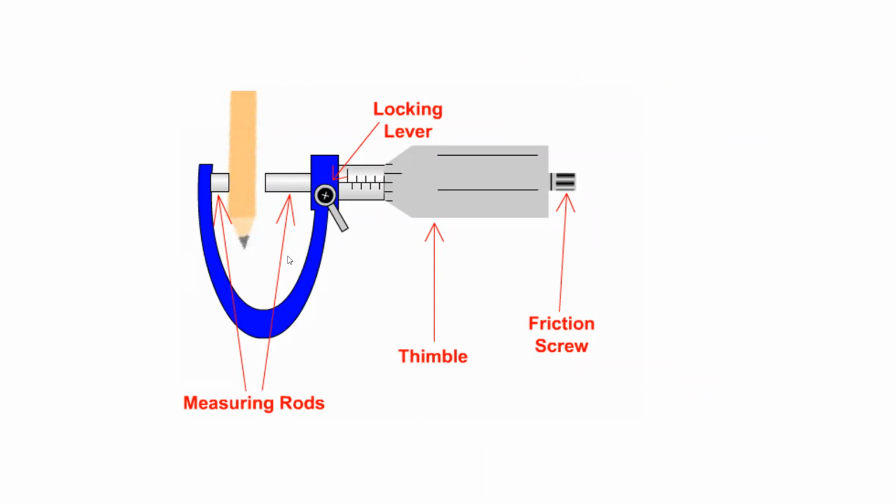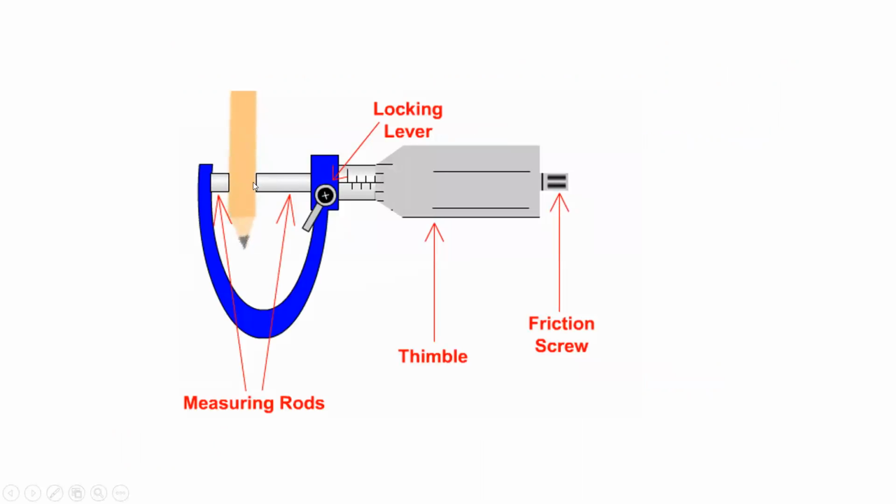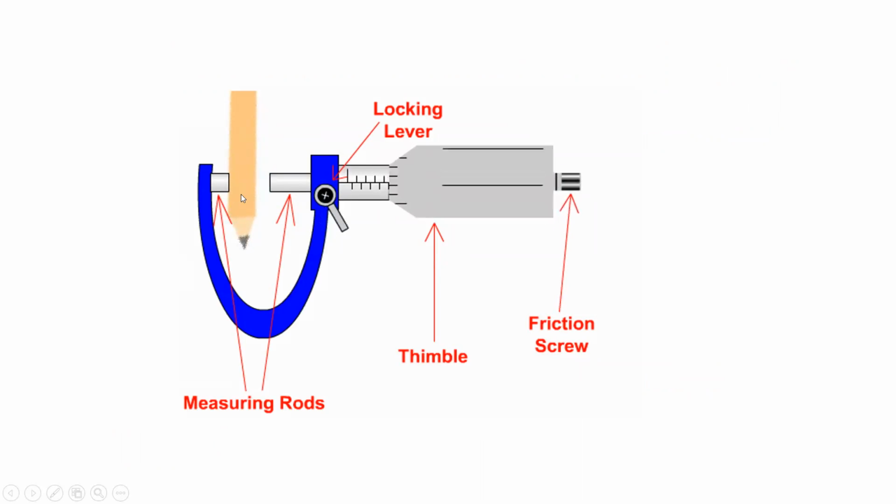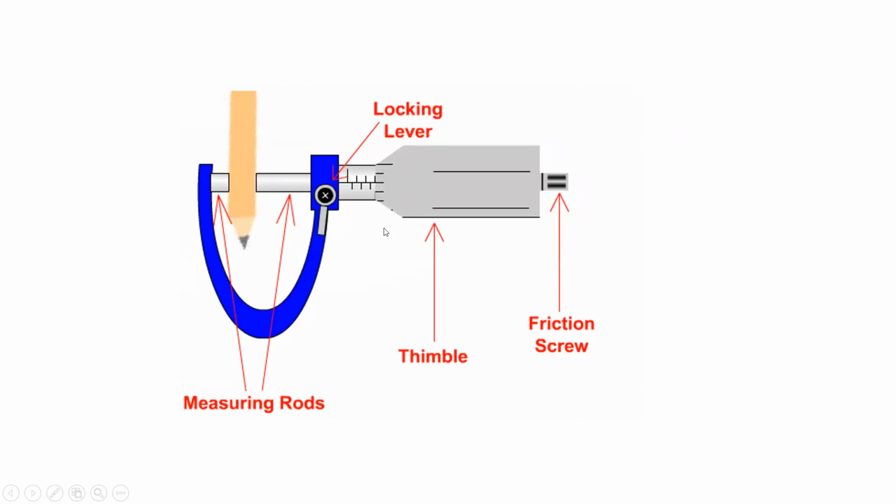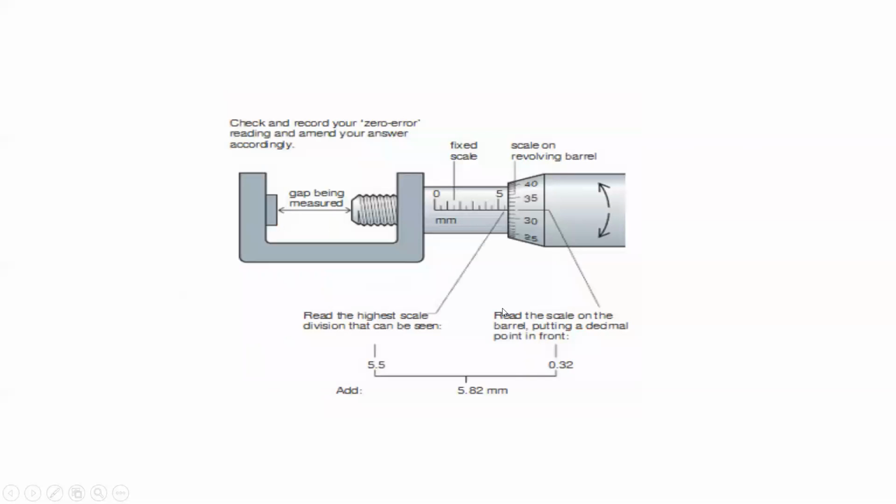If the whole micrometer is given, practically how we use it is, we place the object, then we close this circular scale. When the object is fixed, we close this locking lever and read the main scale and circular scale values. Like if a question is, what is the reading on the micrometer in this example?